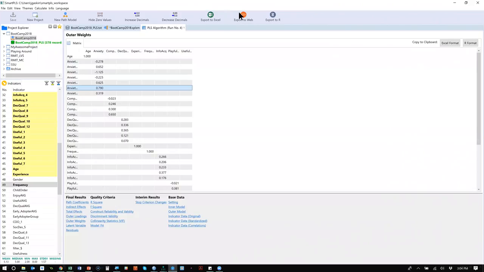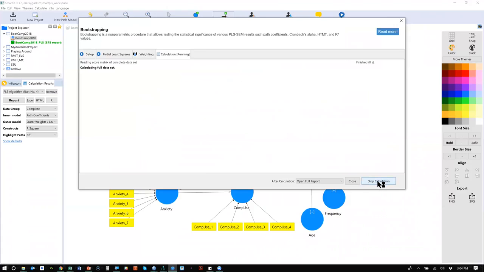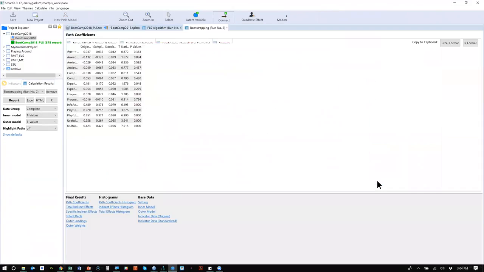To check that, you go back to the model and run the bootstrap, not the consistent bootstrap, just the regular bootstrap. Hit start and wait for it to run. There we go.